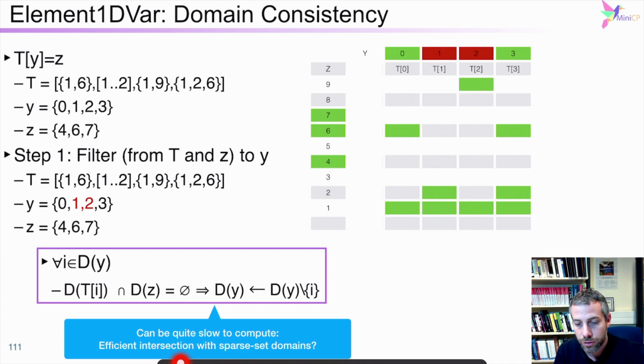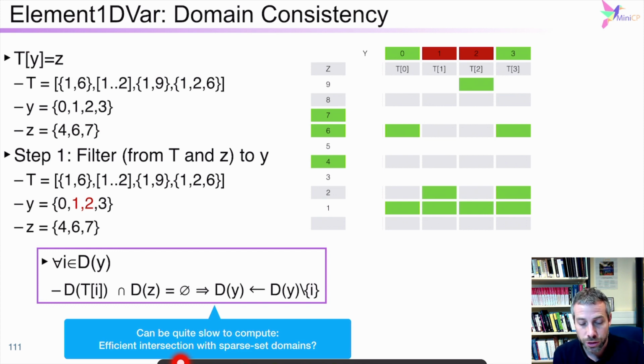For the second one, for T1, we can remove it. We have these only two values, but they are not part of the domain of Z, so we can remove the value 1. And that's the same for the value 2. You see that these two values are not part of the domain of Z, so the index 2 can be removed from the domain of Y. This one, we cannot remove it because there is at least one possible common value there, which is the value 6. That's the first rule.